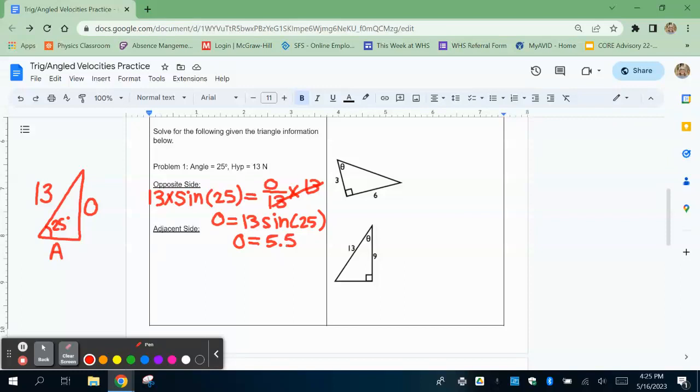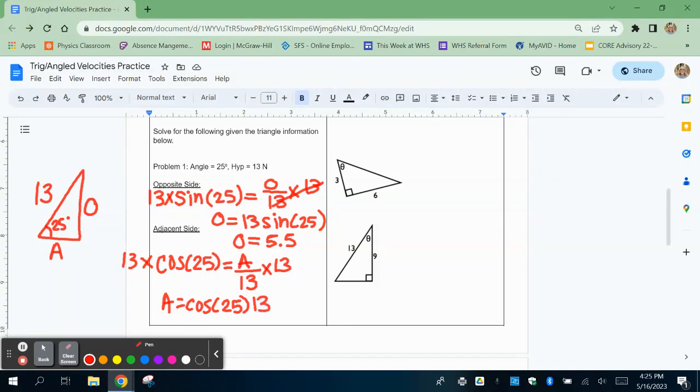For the adjacent side, we're going to use our cosine equation because cosine of our angle is equal to adjacent divided by hypotenuse. Our hypotenuse is 13. So again, I'm going to multiply 13 on both sides, and you get adjacent is equal to the cosine of 25 times 13.